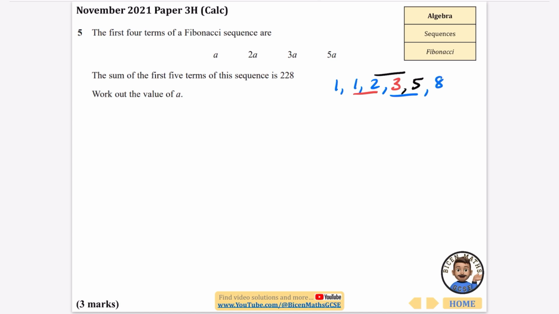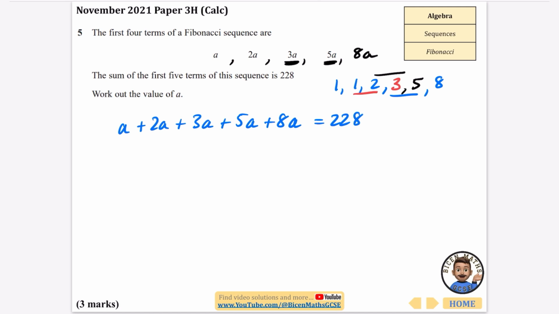So this one says that the sum of the first 5 terms is 228. Well, we've got 1, 2, 3, 4. We just need to find the fifth one, which is by adding these together, and it gives us 8a. So the sum of these is going to be a plus 2a plus 3a, because sum means add, plus 5a plus 8a, and that is equal to 228.